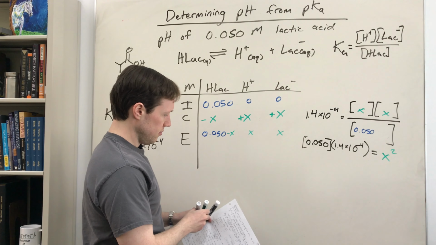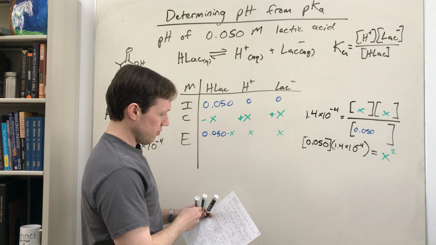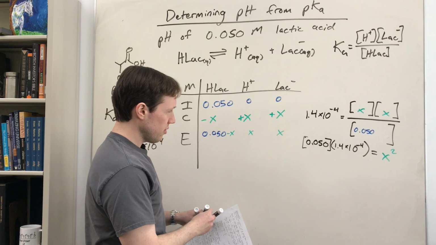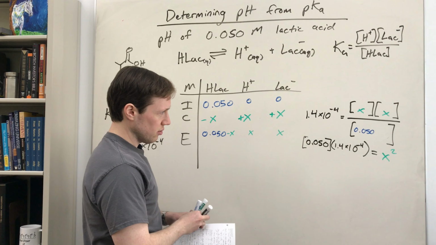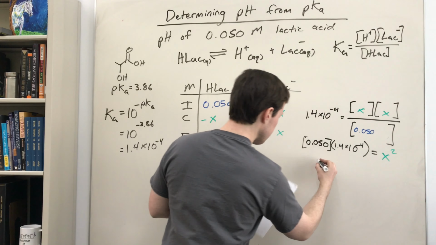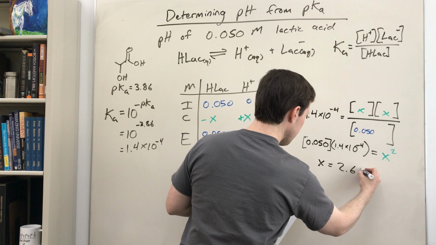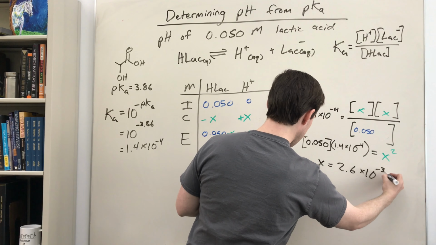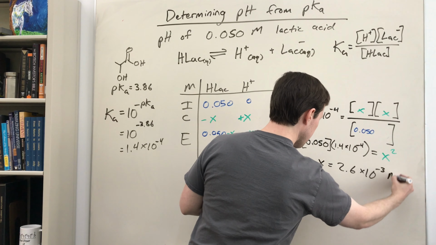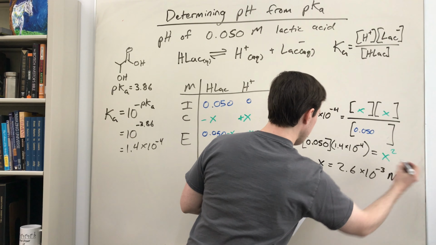So if we do that, we find that x is equal to 2.6 times 10 to the negative 3 molar H+.